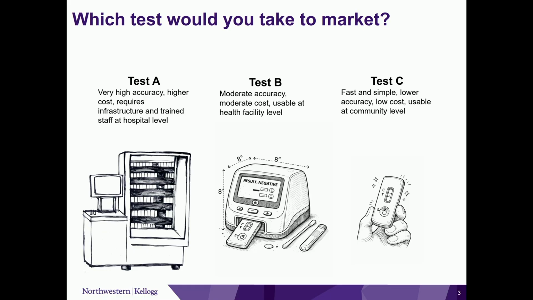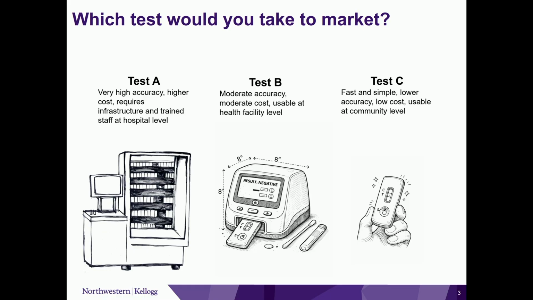Now, test B. This test is a little smaller than test A, has moderate accuracy, moderate costs, and it's usable at the health facility level. It's also a very exciting test. Nothing's ever been in this form factor before. And then there's test C. It's a rapid test that we might all be familiar with that format.